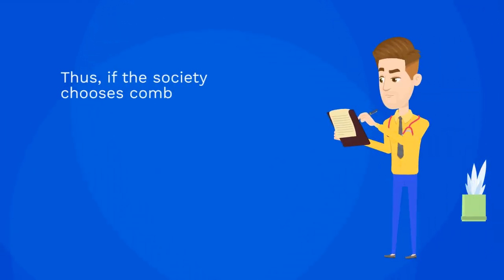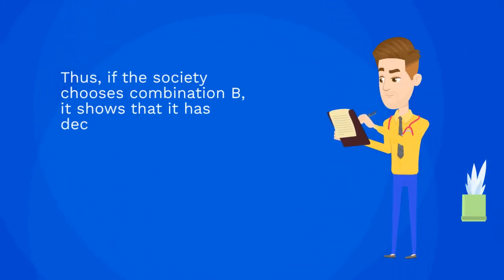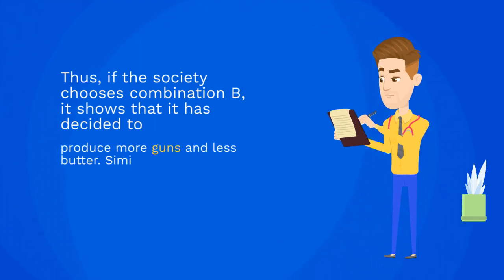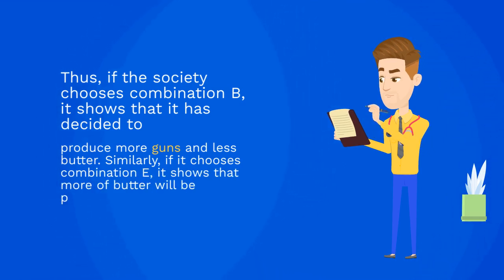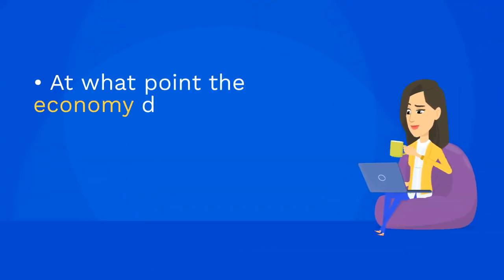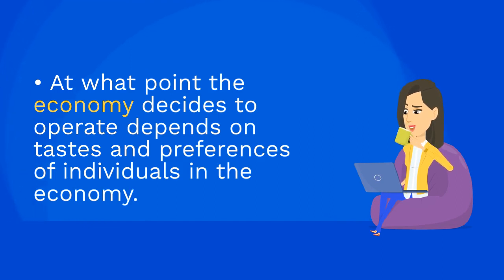Thus, if the society chooses combination B, it shows that it has decided to produce more guns and less butter. Similarly, if it chooses combination E, it shows that more of butter will be produced. At what point the economy decides to operate depends on tastes and preferences of individuals in the economy.